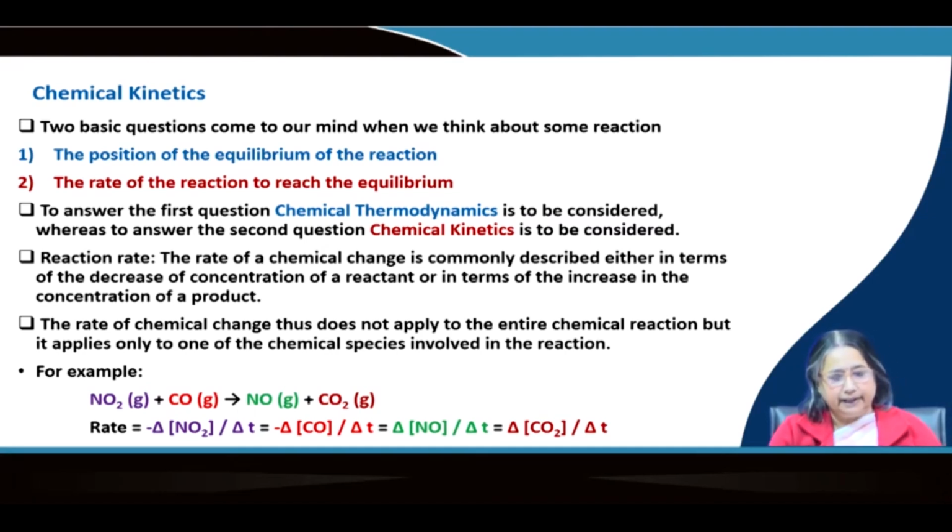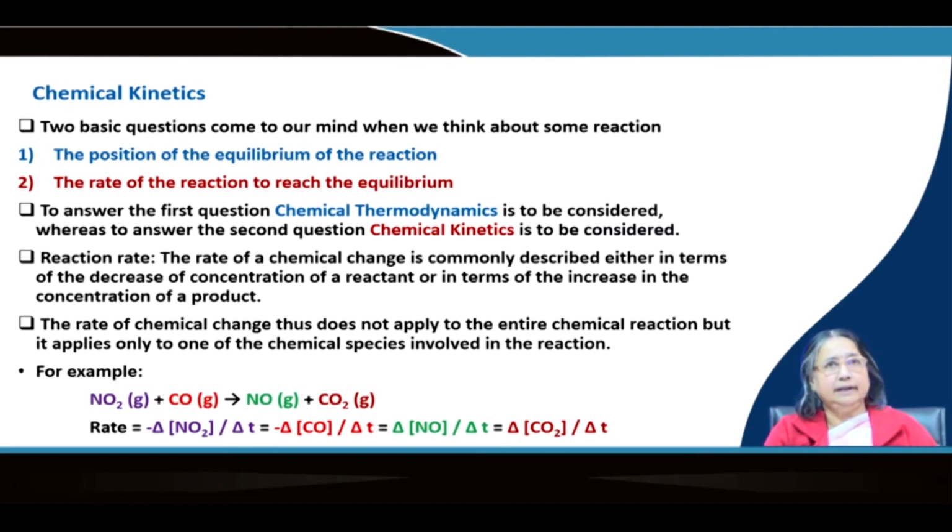Now, reaction rate, the rate of a chemical change, is commonly described in terms of the decrease of the concentration of the reactant. That means, when a reaction goes on, the reactant concentration decreases and the product concentration increases. So, you can explain it in both ways, whether the reactant concentration is decreasing or how the product concentration is increasing. Both ways we can show the kinetics.